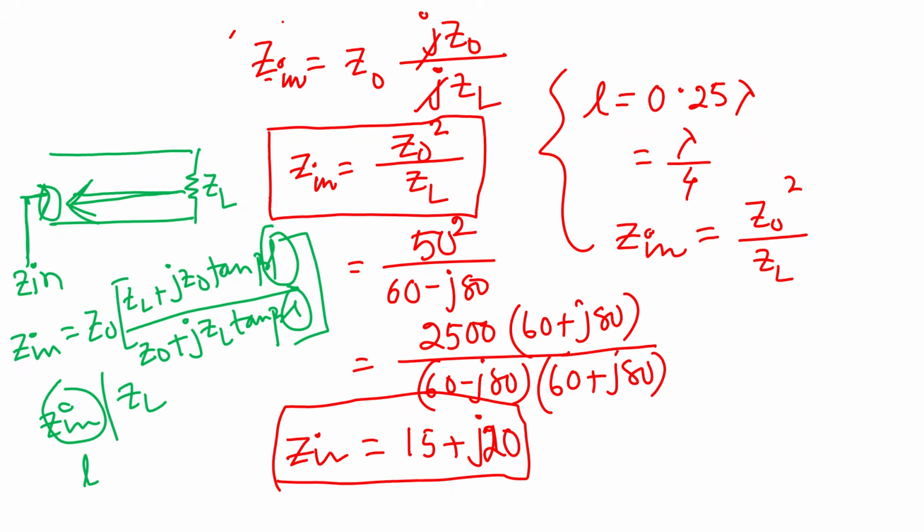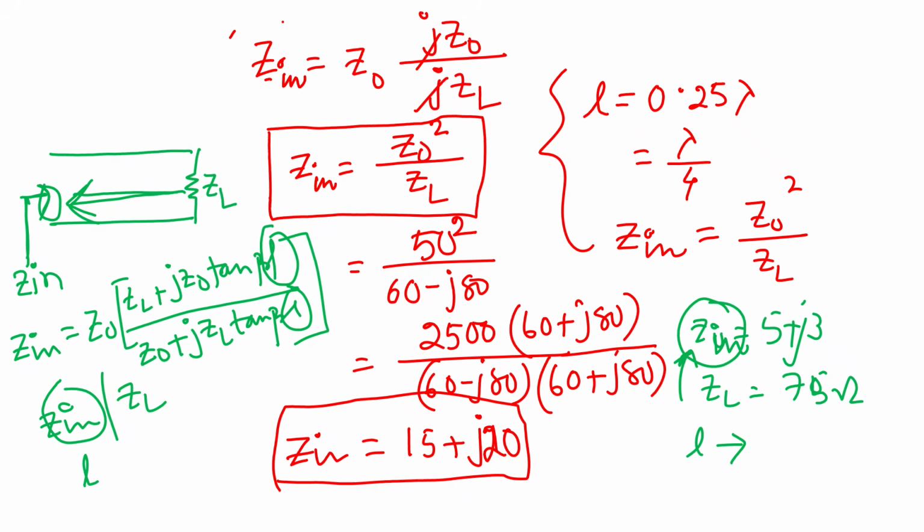For example, a transmission line has an input impedance of let us say 5 plus j3, and it has a load impedance of 75 ohm. Now the question may ask you to calculate the distance L for which this input impedance will be 5 plus j3. So here the value of input impedance is given, ZL is given, Z0 will also be given directly or indirectly in the question.